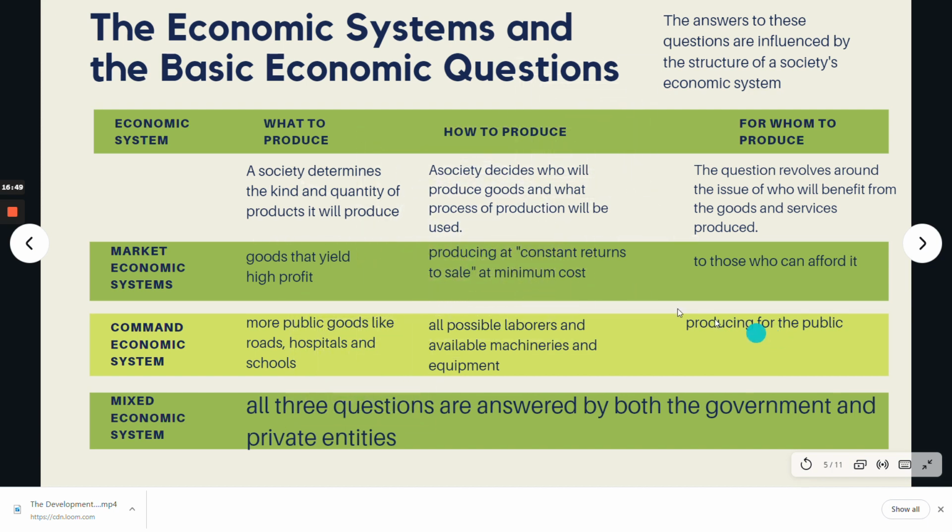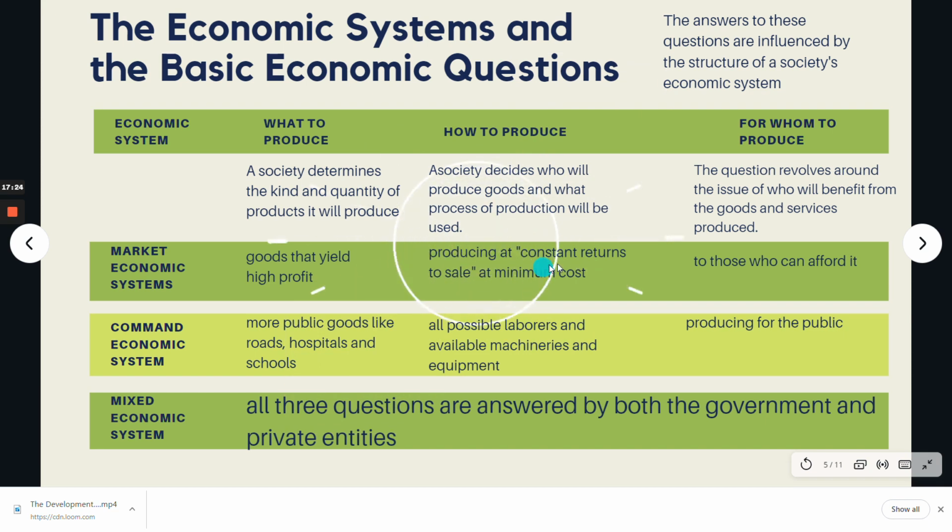So we have market and we have command economic system, but there are countries that are using mixed economic system, meaning naay command and naay market economic system. So naay freedom gamay, naay control gamay. So these questions are answered by both the government and private entities. So pag government, unsa may i-produce, mag-produce tag mga public goods. Pag private entities, ang iyang i-produce are products that can give him more profit.